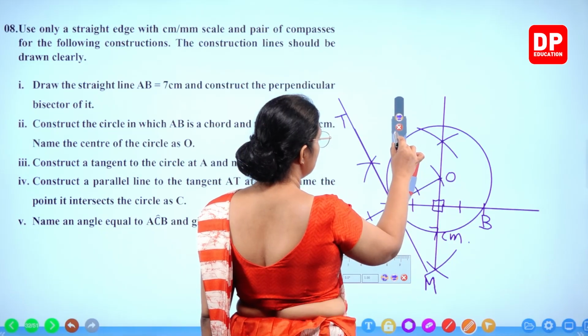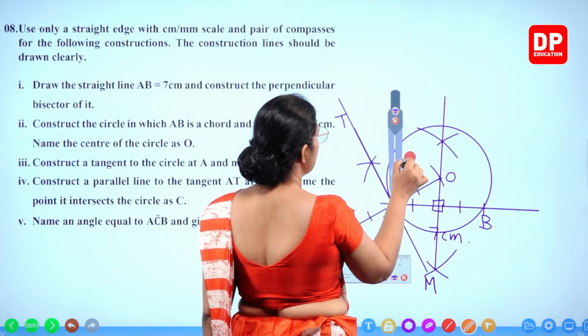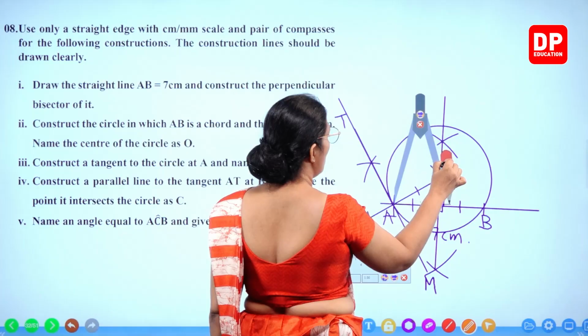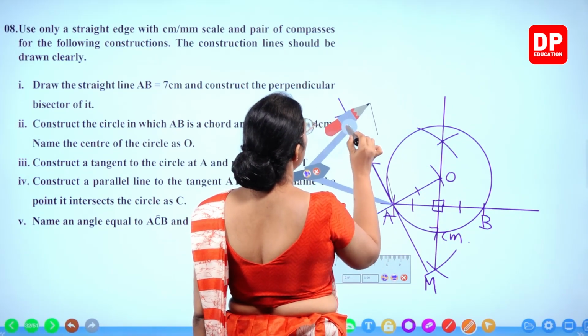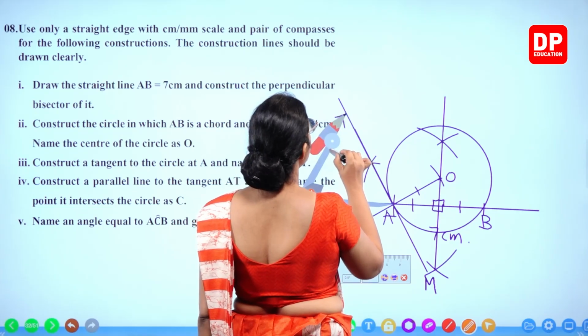We'll take the AT distance. Let's say this is the T distance.